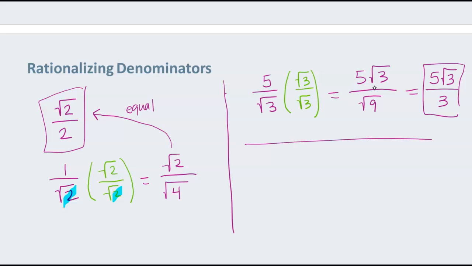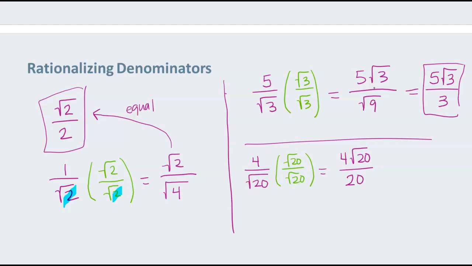One more example. Let's do 4 over the square root of 20. So I'll put square root 20 over square root 20. So I get 4 times the square root of 20 over 20, right?